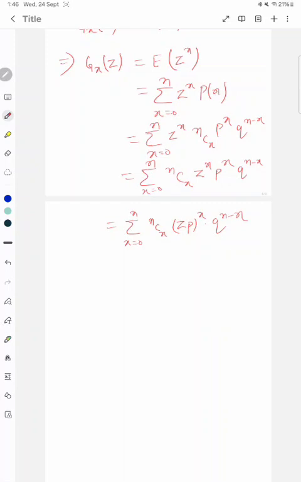Then we use the binomial expansion formulas, with a equal to zp and b equal to q. So Gx(z), or probability generating function, equal to (zp + q)^n.